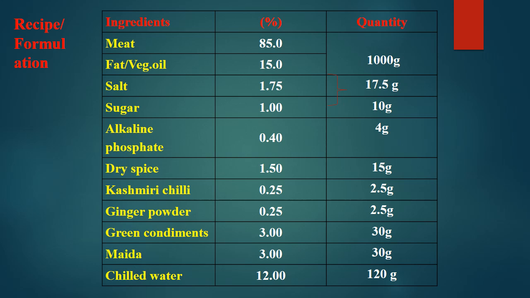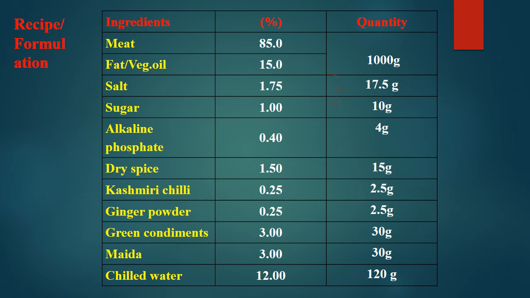So here we can see the meat is 85% and fat or vegetable oil is 15%. So these together make 100. So if we take 850 gram meat, we need to take 150 ml or gram fat, and that makes 1 kg. So we can have a minimum batch of 10 kg. In that case, we should have 8.5 kg meat and 1.5 kg fat or oil.